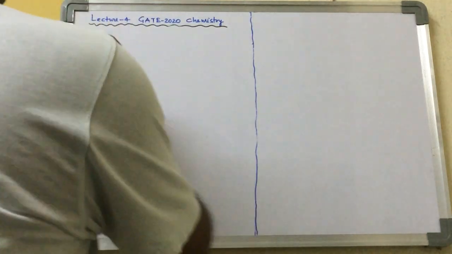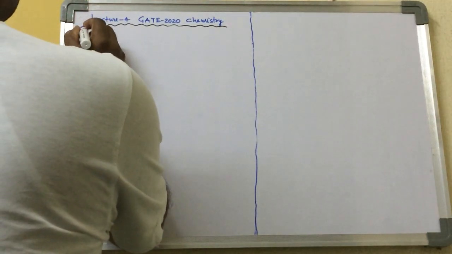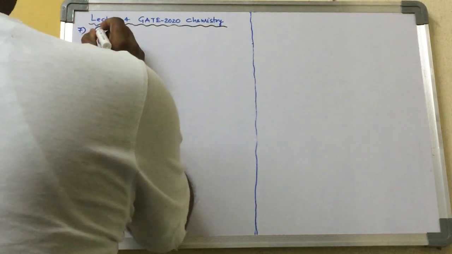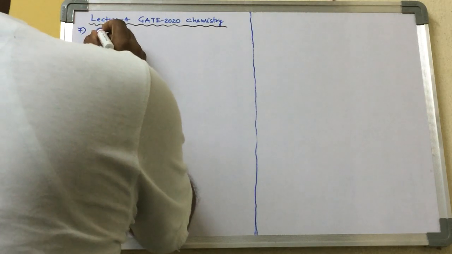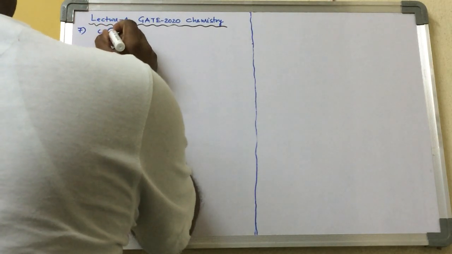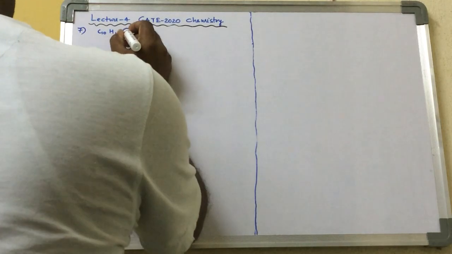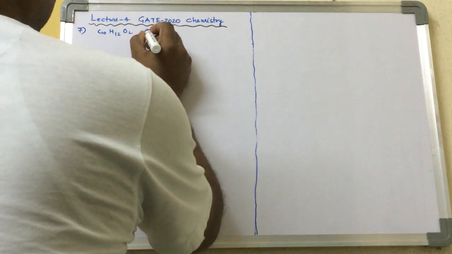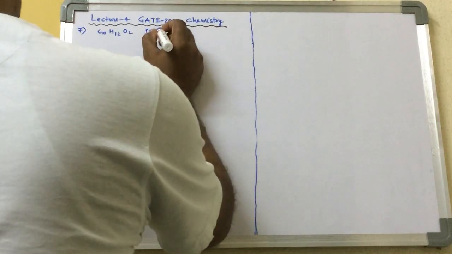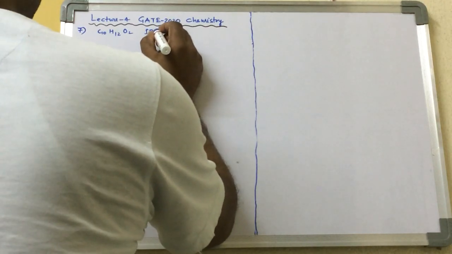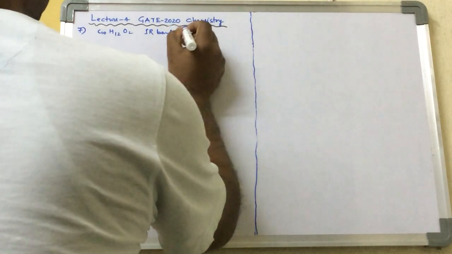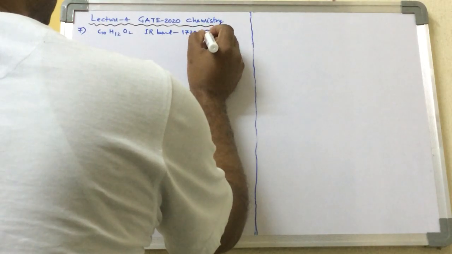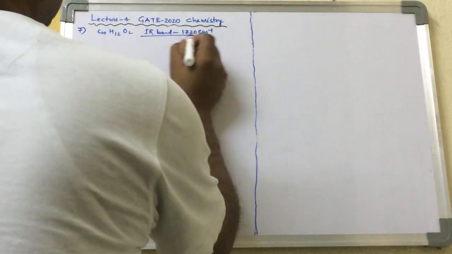Question 7 is: the given compound molecular formula is C10H12O2, and the IR band, a strong band, is showing 1720 centimeter inverse, and this indicates a C=O.